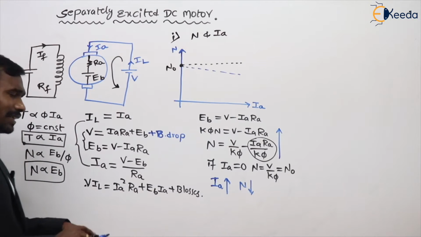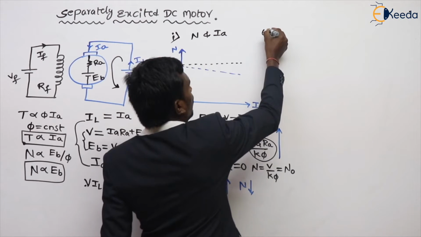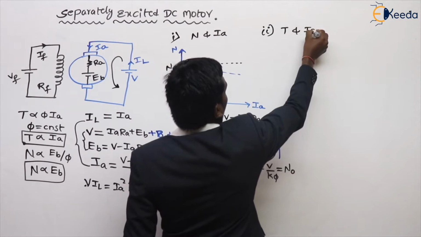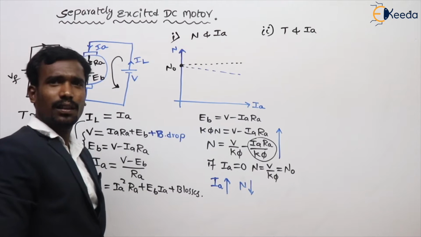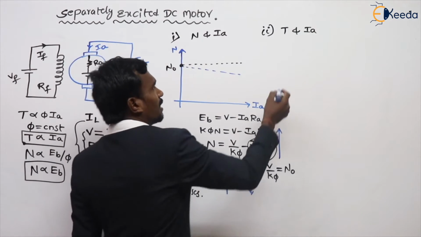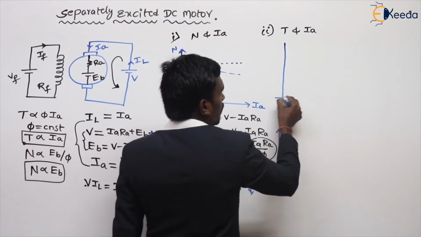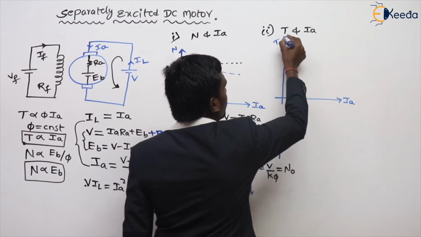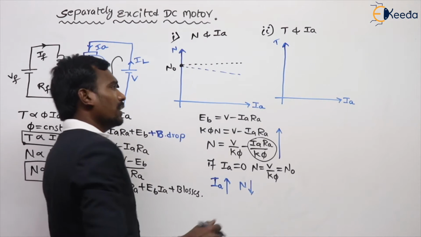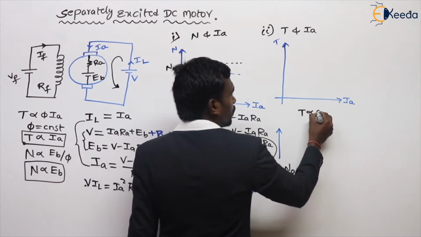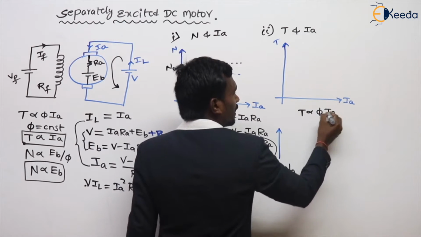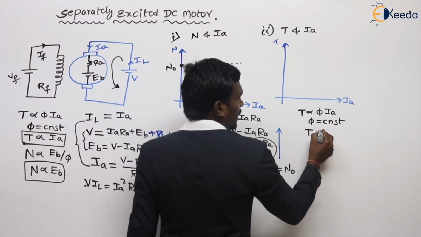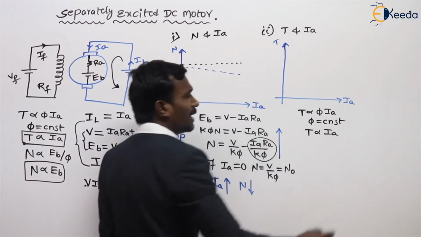Next, what is the second graph? The second graph is drawn between torque and IA. Are you okay? So let's draw the torque and IA graph. Let's see, armature current here and torque here. And we know that torque is directly proportional to phi into IA. But here flux is constant. So torque is directly proportional to IA.